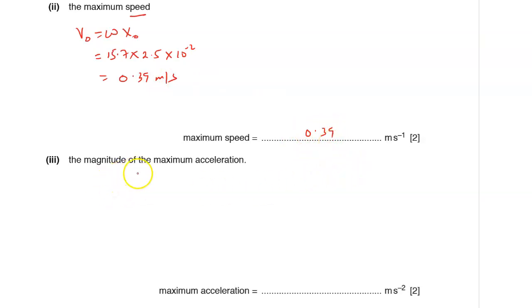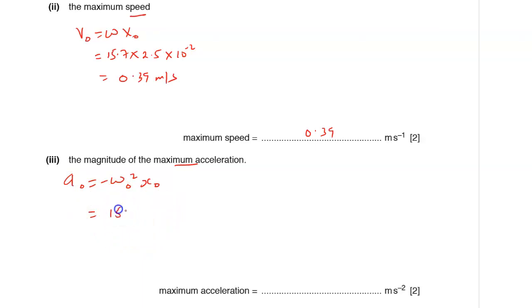The magnitude of the maximum acceleration. Of course, maximum acceleration, let's say a0, is equal to omega naught squared x naught. Remember, this is angular velocity, simple harmonic motion.